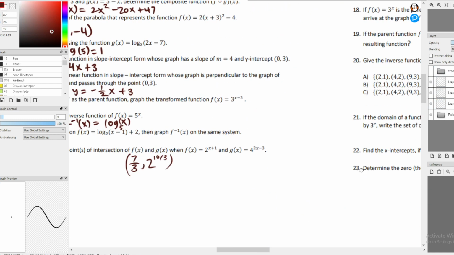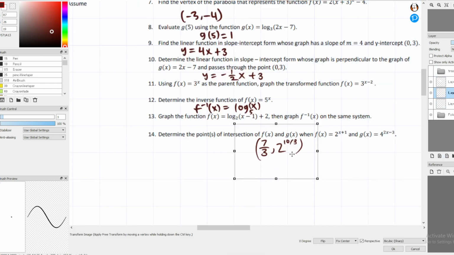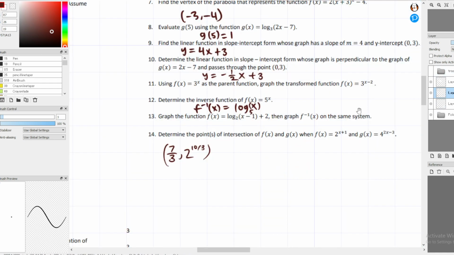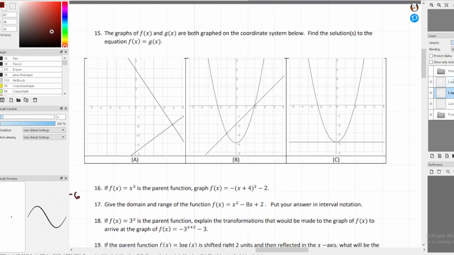Yes. Next is, and let me just move this over so it's nicer looking. Next we have 15, which is telling us that the graphs of f of x and g of x are both graphed on the coordinate system below, and we want to find the solutions to the equations f of x equals g of x, which basically means we're finding the intersection points.